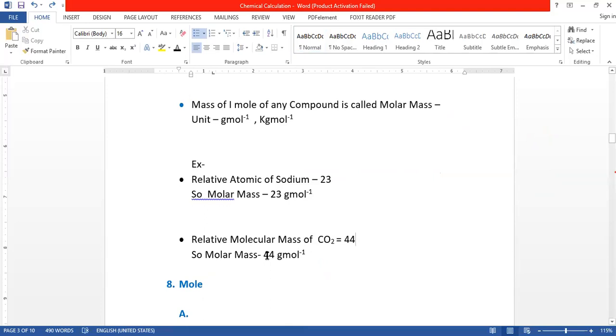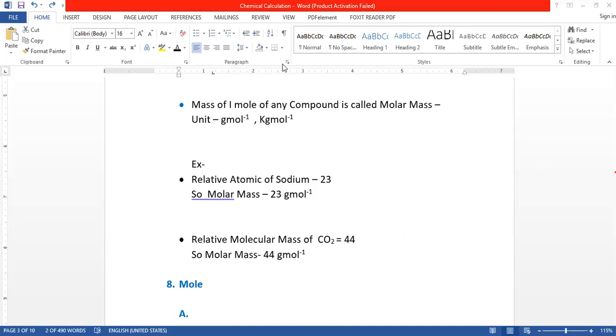The molar mass is 44 gram mole minus 1. That is what you must know.